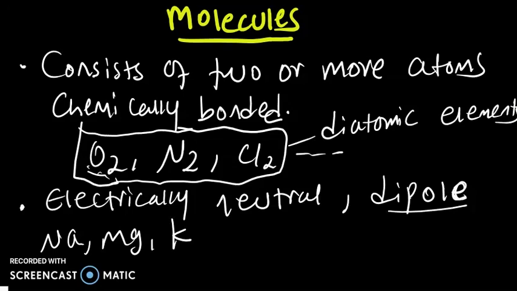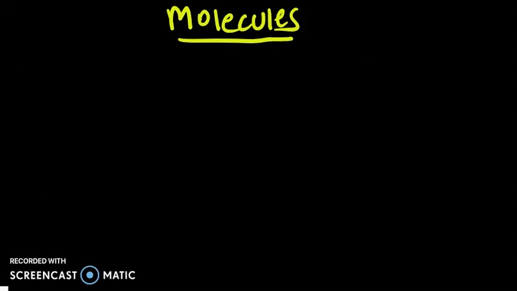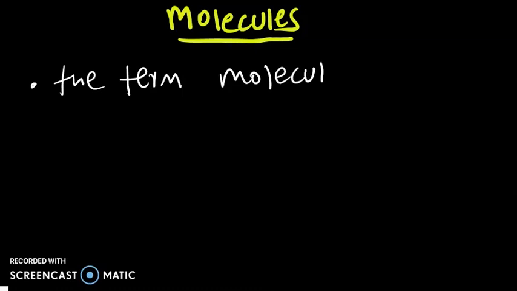Another thing you should know is you cannot use the term molecule when you're discussing, for example, sodium chloride, because it's not a molecule. It's referred to as a lattice structure or ionic lattice.